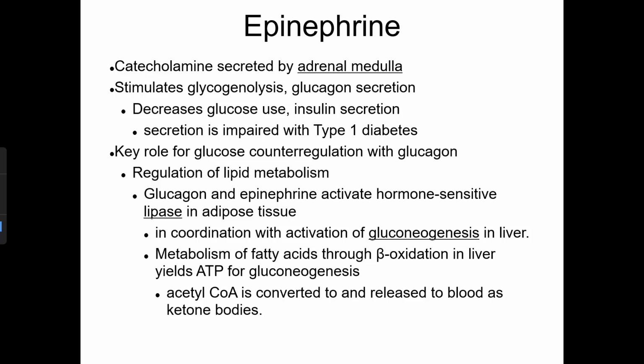Secretion is impaired with type 1 diabetes. Key role for glucose counterregulation with glucagon, regulation of lipid metabolism. Glucagon and epinephrine activate hormone-sensitive lipase in adipose tissue, in coordination with activation of gluconeogenesis in the liver. Metabolism of fatty acids through beta oxidation in the liver yields ATP for gluconeogenesis. Acetyl-CoA is converted to and released to the blood as ketone bodies.